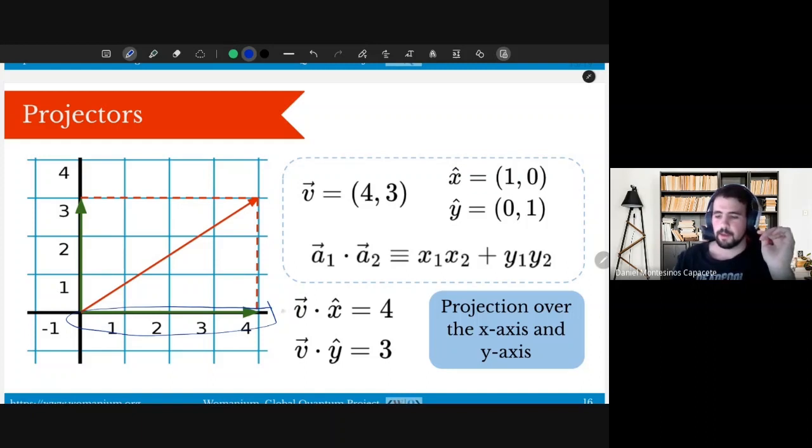At the end, the idea about projections is that if you have a vector, you are trying to find the part of that vector that is inside the space generated by another vector.